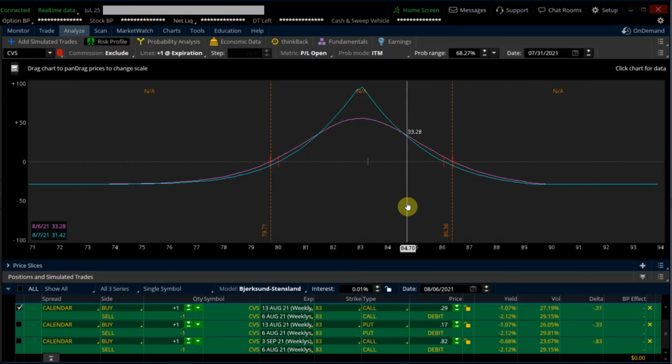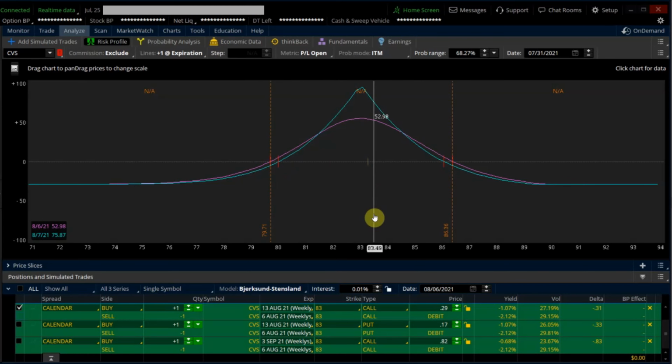If you recall in the daily candlestick chart for CVS, the key support level is hovering around the $79 to $80 range, which so happens to be the extreme end of my profit zone for my call calendar spread. So if I were to take into account the commissions required to enter and exit the trade, even though prices might be sitting very nicely on the key support level, I might still end up losing money on the trade. So there's a couple of ways that I can tweak my calendar spread.